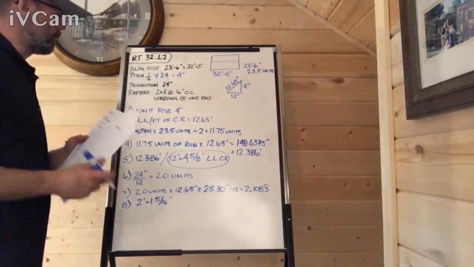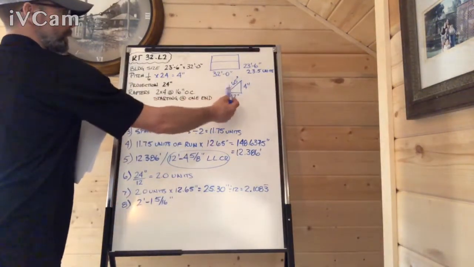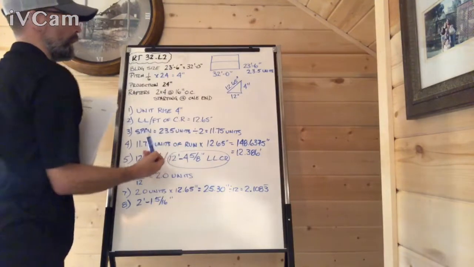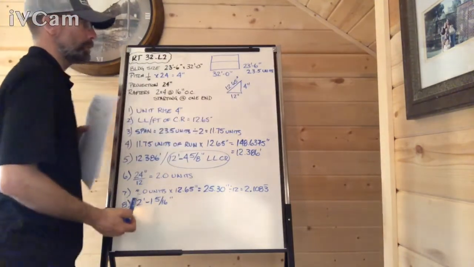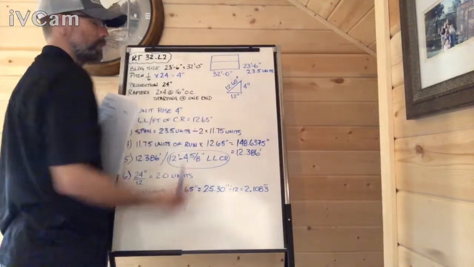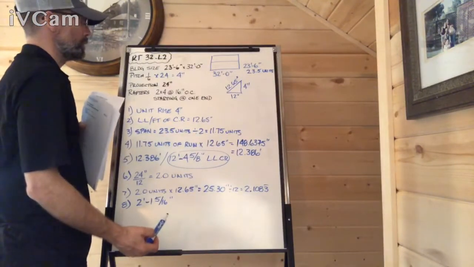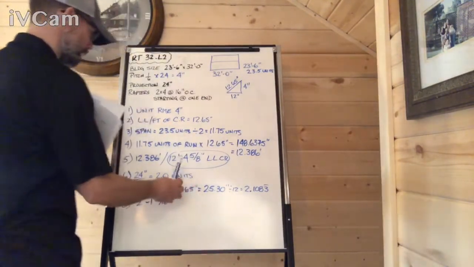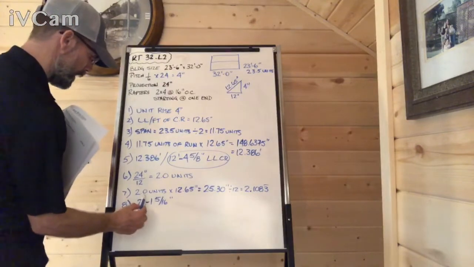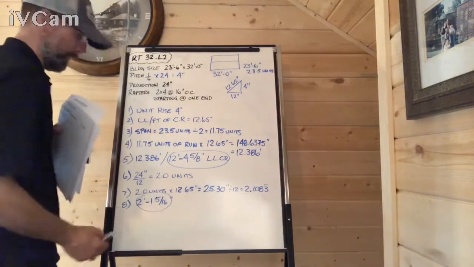So everyone have a look at that. We have our unit rise of 4. Every time that we go 1 unit of run, we will go up 1 unit of line length, which is the equivalent of 12.65 inches. We have now calculated the length of our common rafter and the length of our overhang.